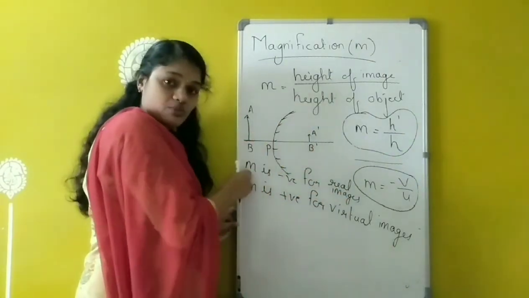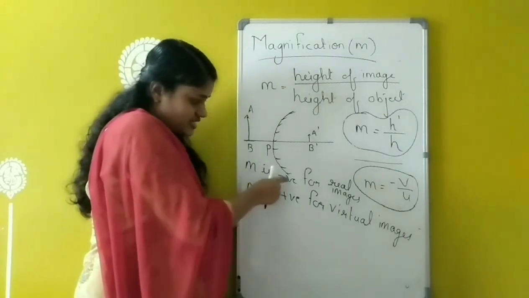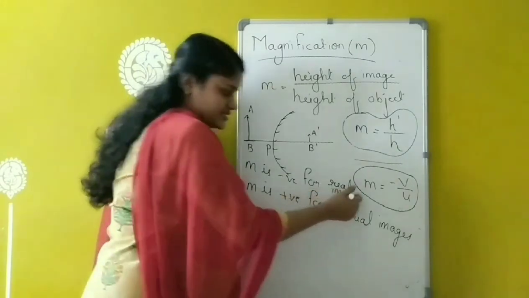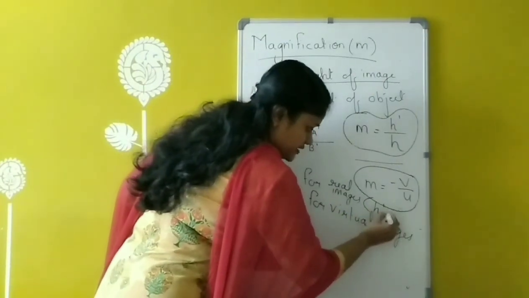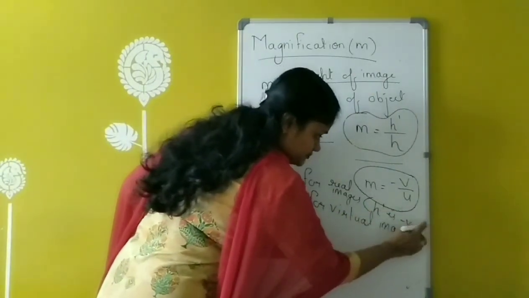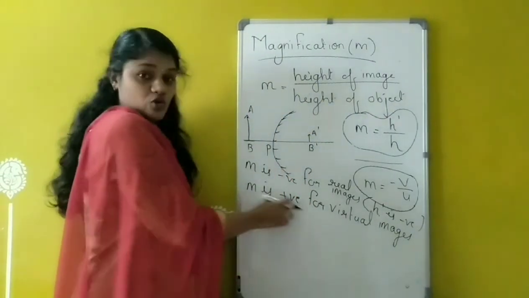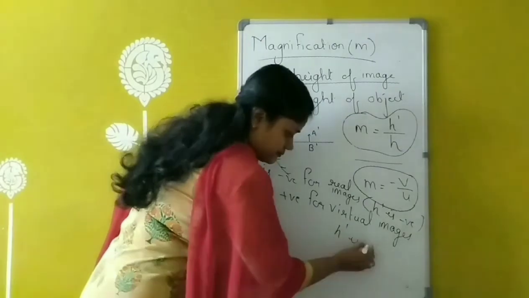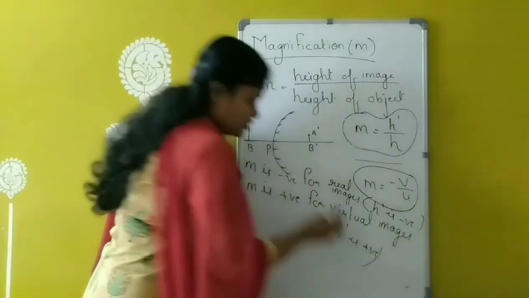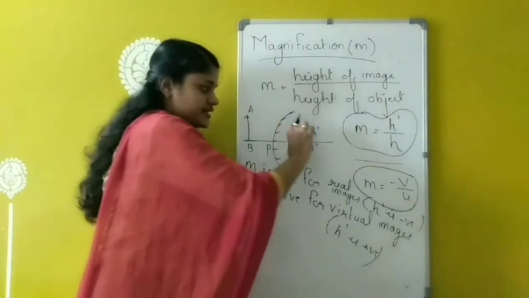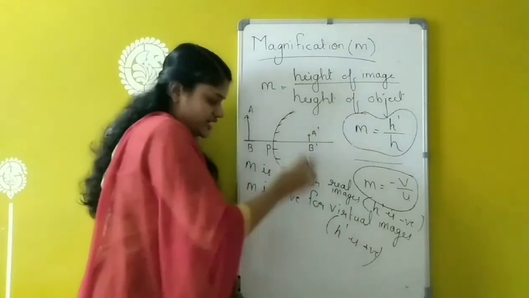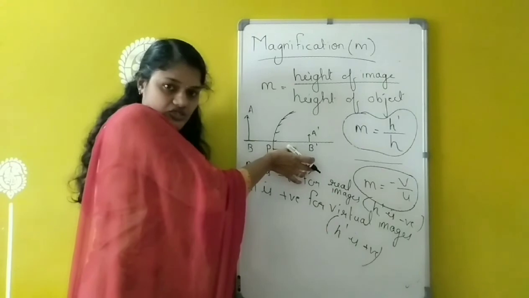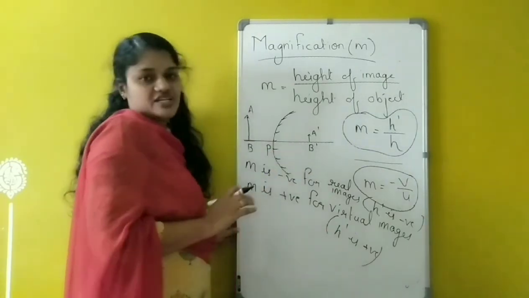So magnification is negative for real images, since h dash is negative, and m is positive for virtual images, since h dash is positive. Whenever we get a virtual or erect image, magnification will be positive, and whenever we get an inverted or real image, magnification is negative.